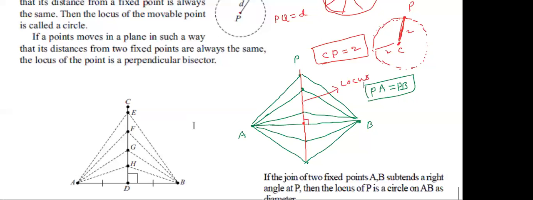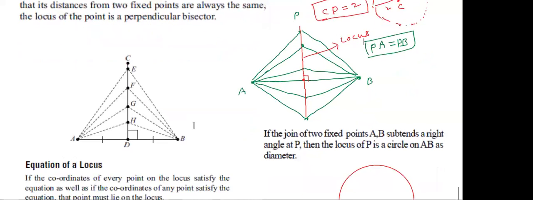Just observe here, C, E, F, G, H and D. These are the points on the locus. Each and every point is satisfying the geometrical condition. Okay. So finally, the locus here is the perpendicular bisector.